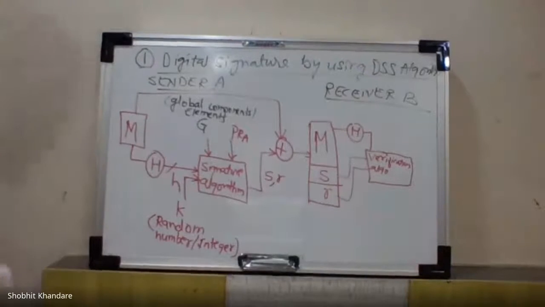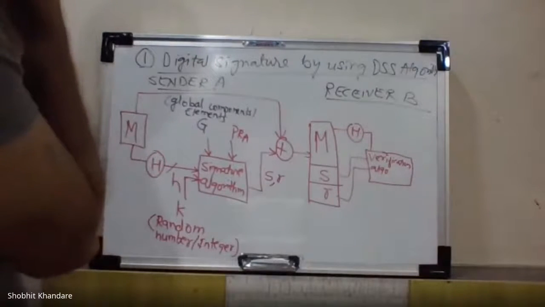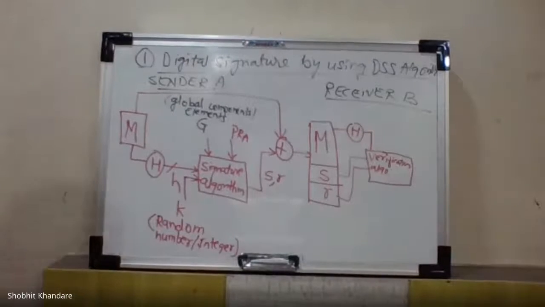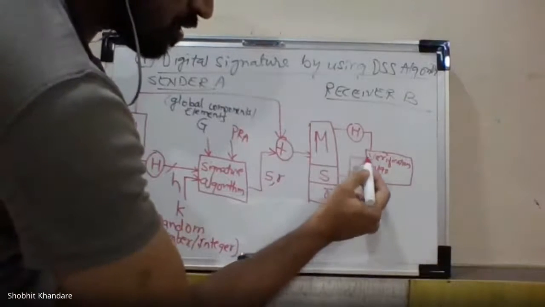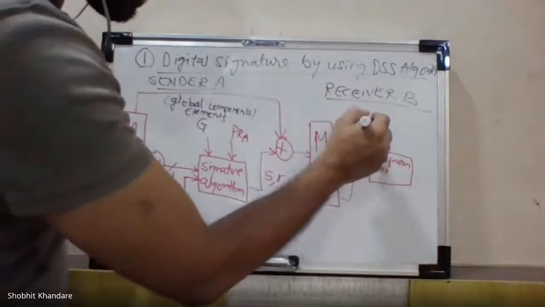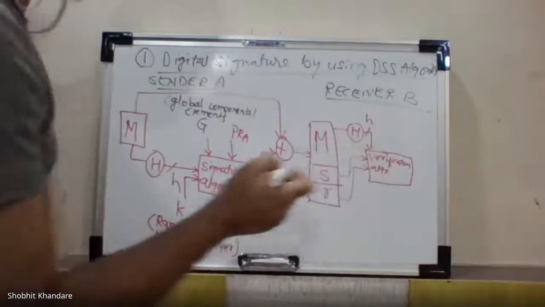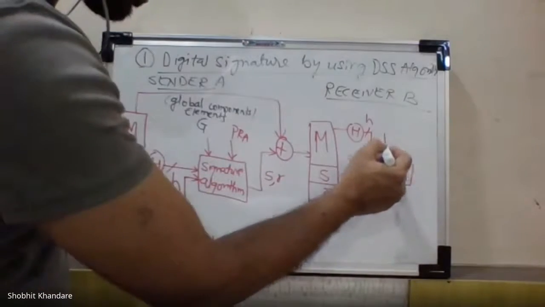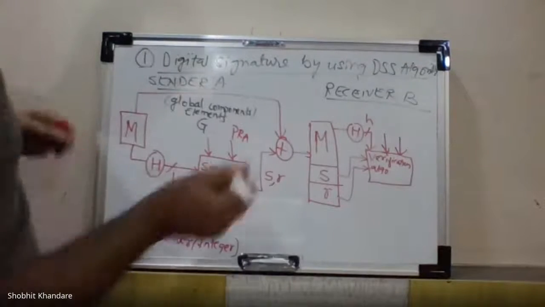Further we have to understand the verification algorithm. Which parameters does it take as input? 1, 2 and 3: this is small h, then s and r. Along with that we have two more, the same as what we have used here.